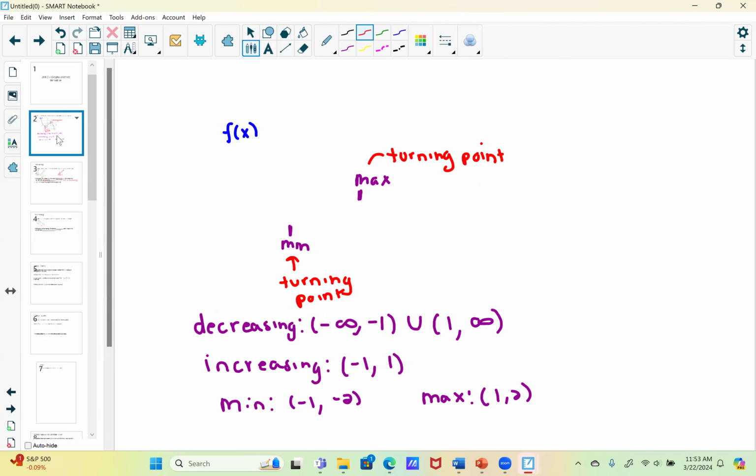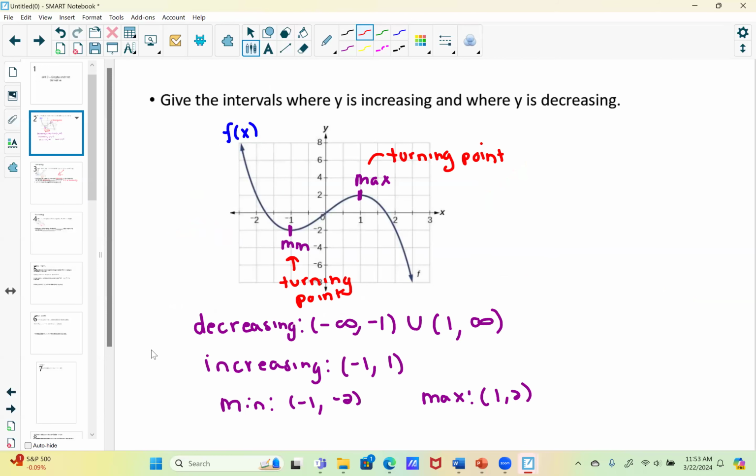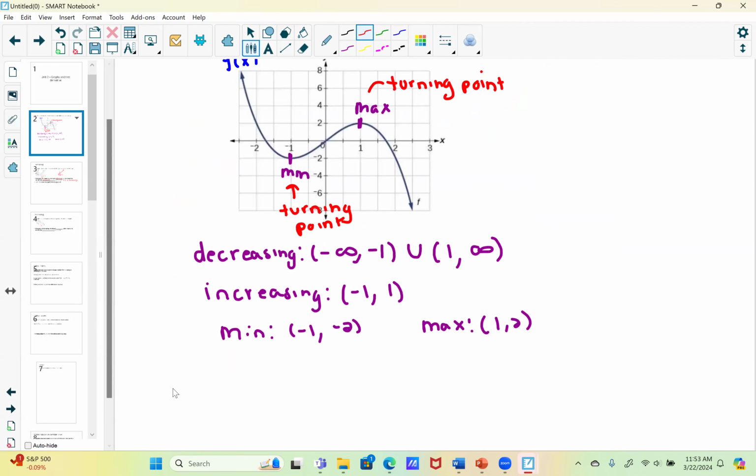So if I go back to here, if I want to describe this in terms of derivatives, I would say that f prime of x is greater than 0 on -1 to 1. And so this is saying f prime of x is the slope. The slope is greater than 0, or the slope is positive from -1 to 1.